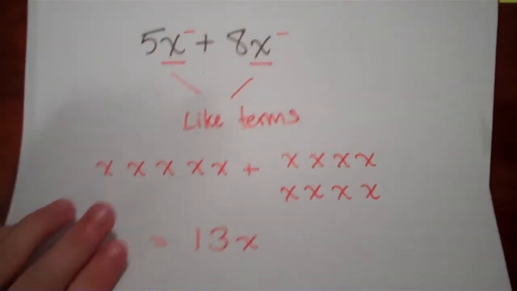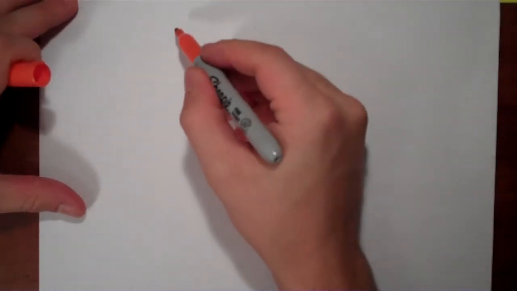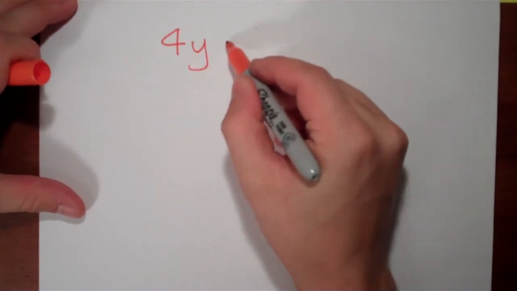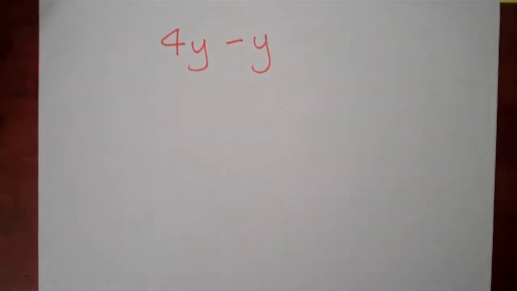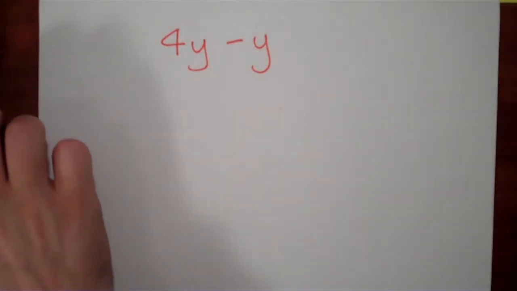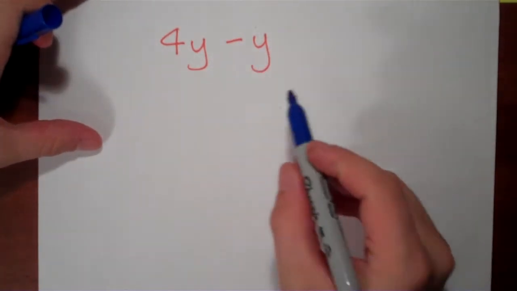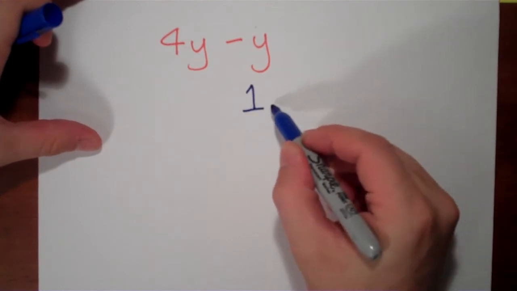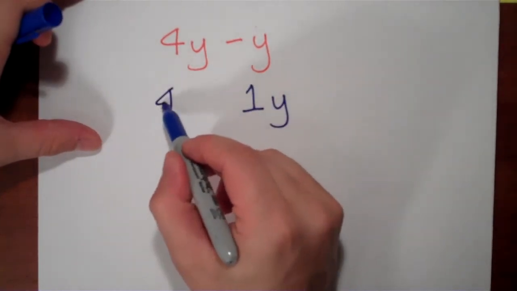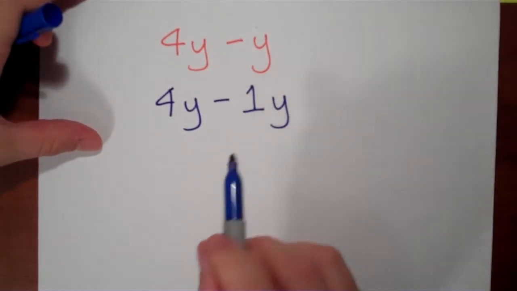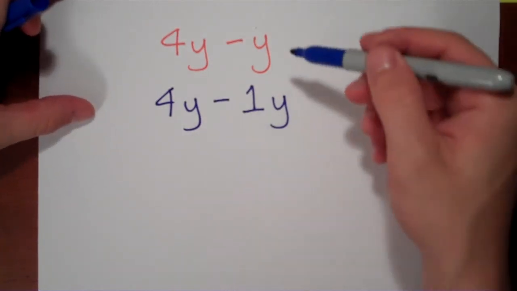Let's look at a couple more examples. The next one talks about 4y minus y. We said that when a variable is by itself, it's the same thing as 1 times that variable. So if I have 4y minus 1y, this is the same thing.